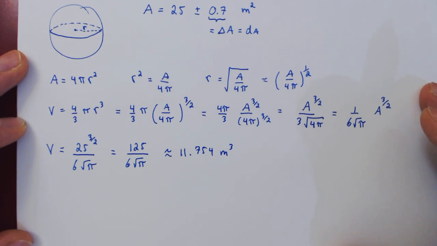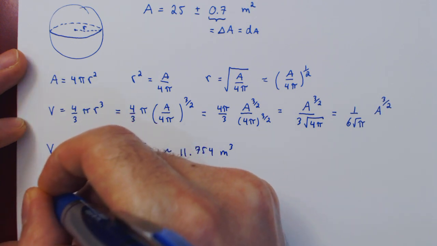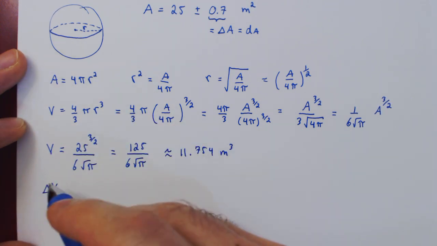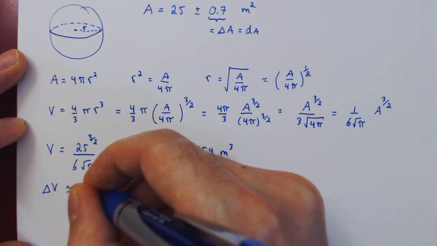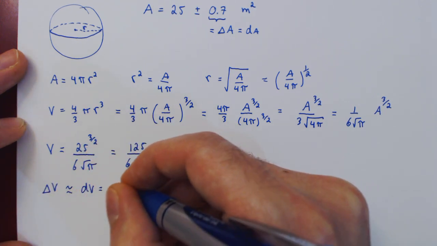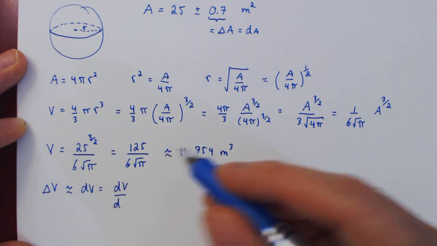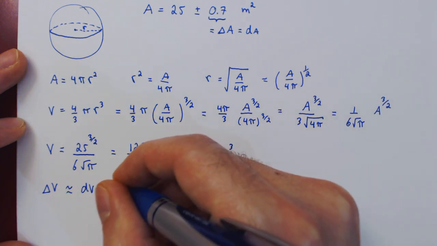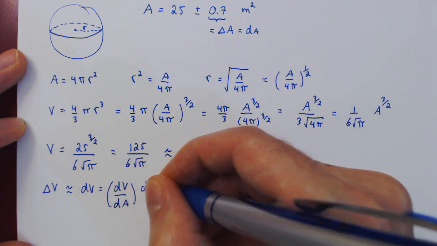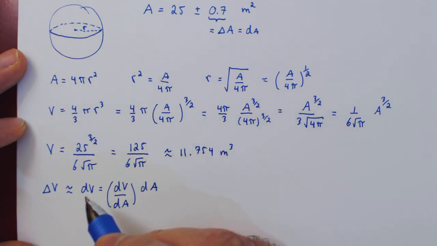We now want to find the uncertainty of this measurement. Well, the uncertainty in the volume, of course, will be a small change in the volume. We approximate delta V by the differential dV, which of course is the derivative of the function with respect to the independent variable, which is A, times of course the change in the independent variable, dA. And of course dA and dA cancel, and we get dV.